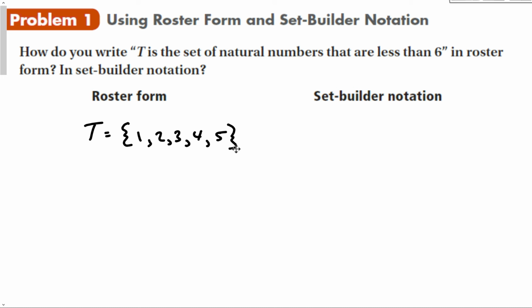For set builder notation, we're going to say T equals, my variable x, such that, what is happening to the variable. So x is a natural number, comma, x less than 6.